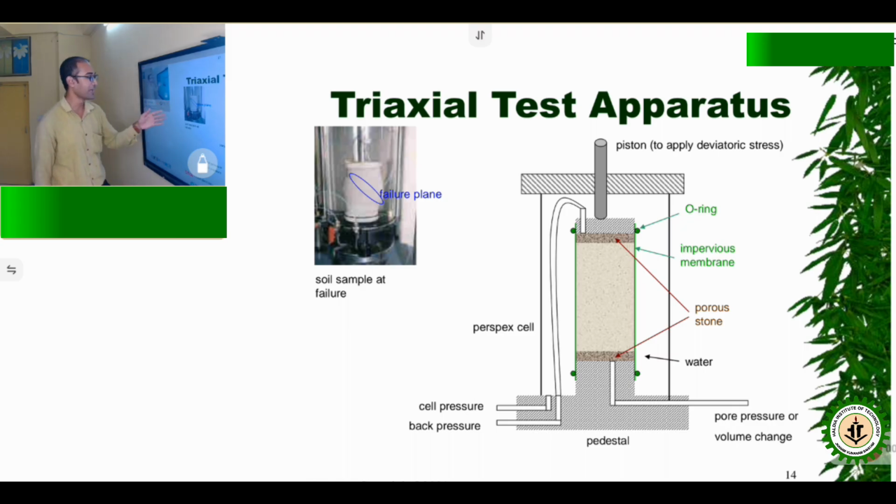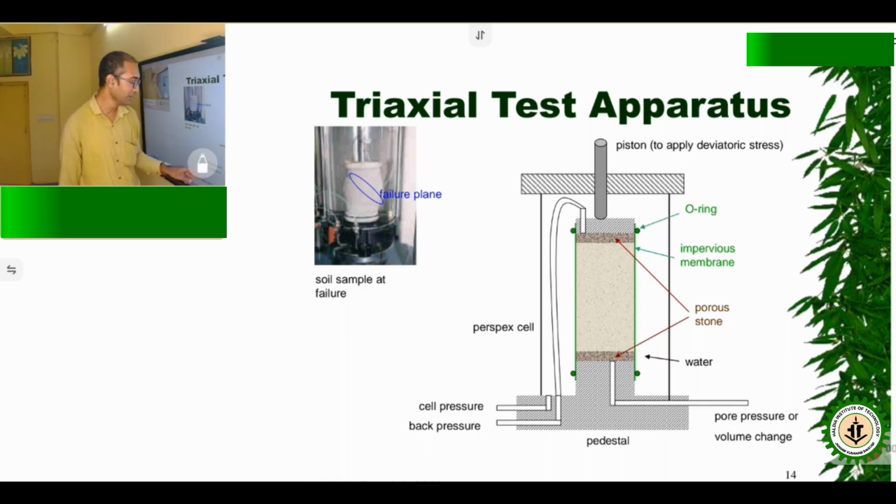This is the triaxial apparatus, this is the triaxial apparatus mold. This is a piston which applies the deviator stress. This is the O-ring, and this is the impervious membrane, and this is the porous stone on the upper side and lower side also. This is a pipe connecting pore water pressure and volume changes.